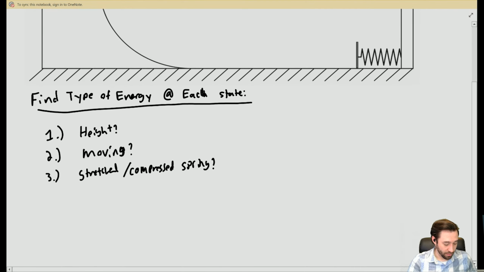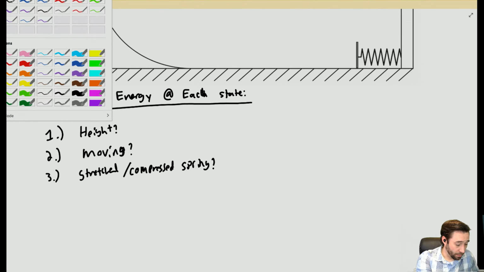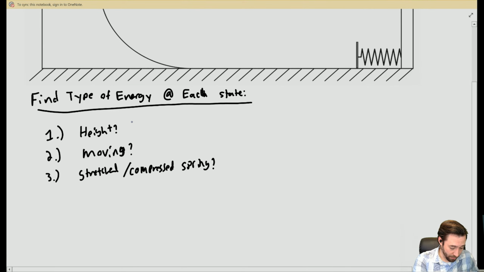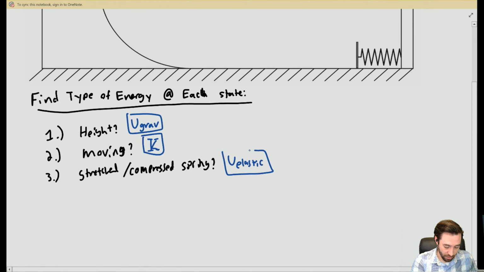All right, so those are the 3 questions you ask. The height one is going to be dealing with U-grav. The moving one is going to be kinetic. And the last one is going to be U-elastic. Cool. So those are the 3 energies that these questions are dealing with.